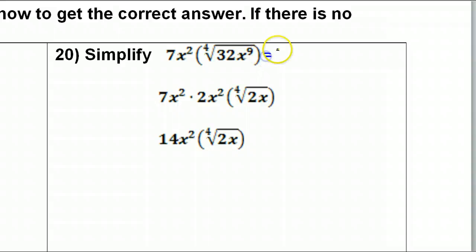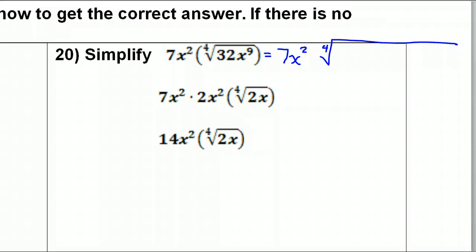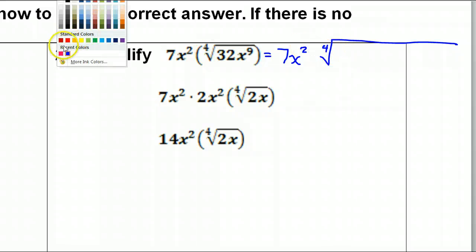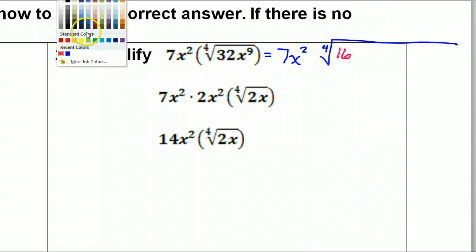So this should equal, I've got 7x squared, and now I'm going to split this up like we do. 16 is on the chart, not 32, so that's why I'm going to split this up. 32 is 16 times 2.